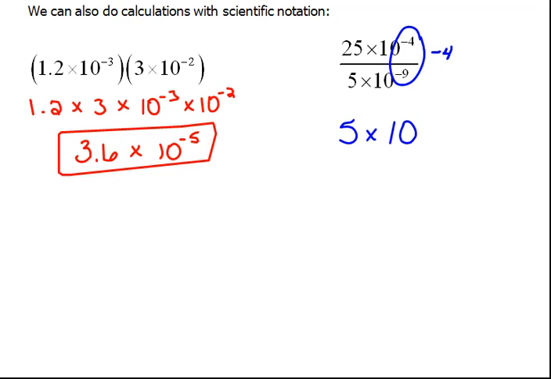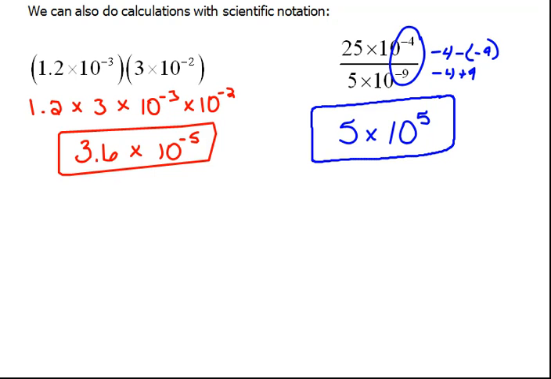This would be negative 4 minus a negative 9. Remember, we subtract the exponents. So that is truly negative 4 plus 9. So that means we have the 5th power. So when we do that division, we have 5 times 10 to the 5th power.